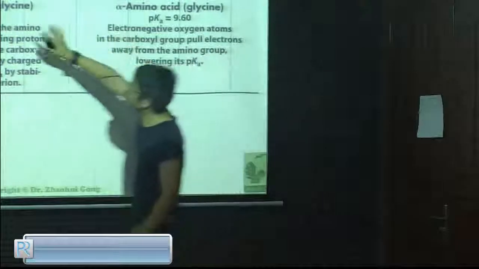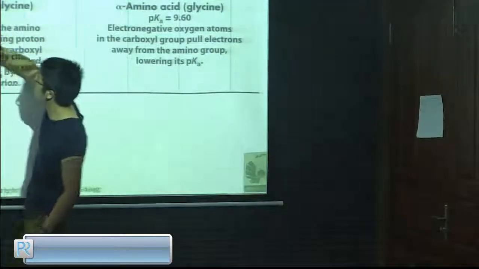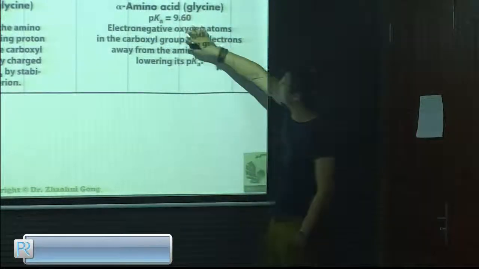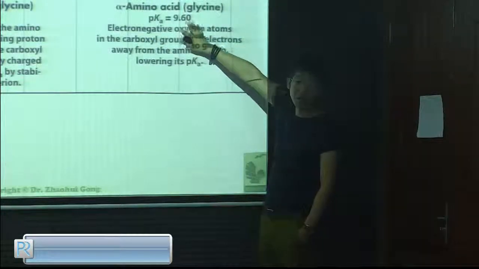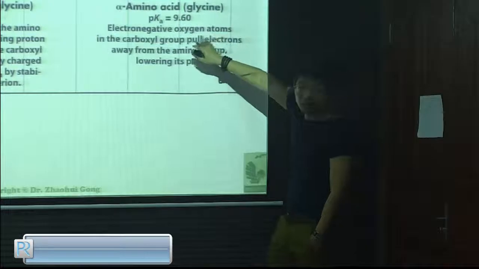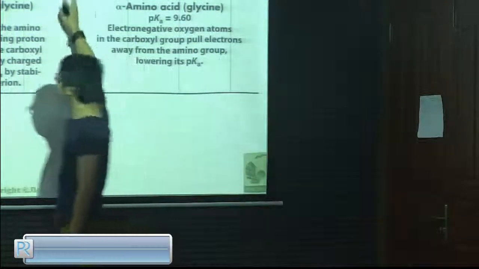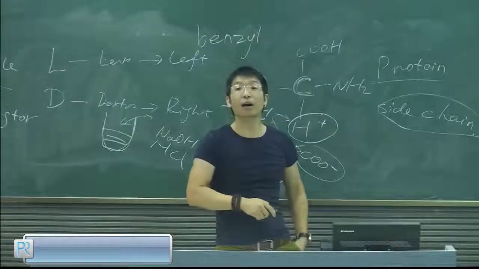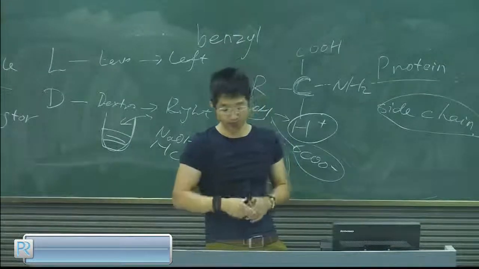You can see these two different groups: the carboxyl group pK 2.34, and the amino group pK 9.60. So the real state of this amino acid glycine is in the middle, between 2 and 9, right?